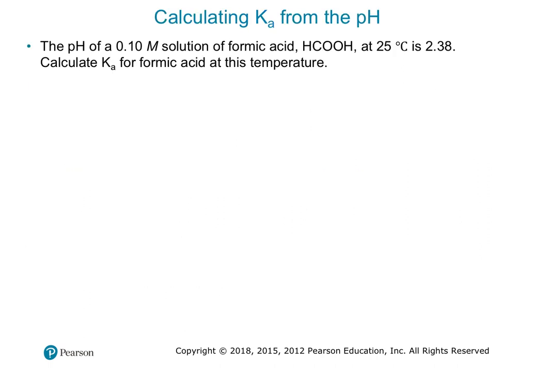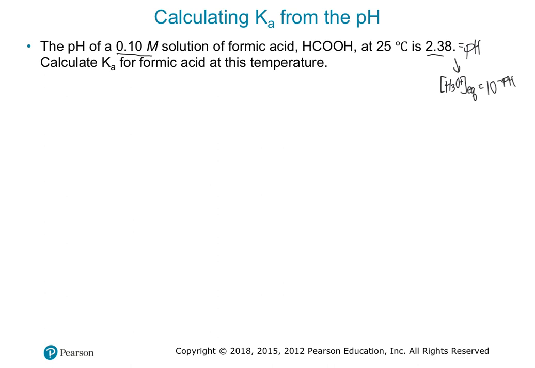So let's learn how to calculate the Ka from the pH. We're going to set up a traditional ICE table. I find out the pH of a 0.1 molar formic acid solution is 2.38. Therefore I know my hydronium concentration at equilibrium, because that would be 10 to the negative pH.